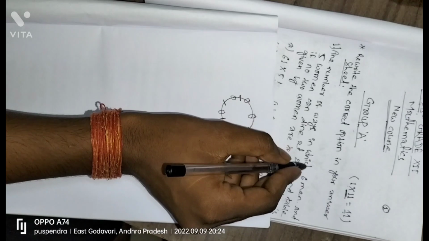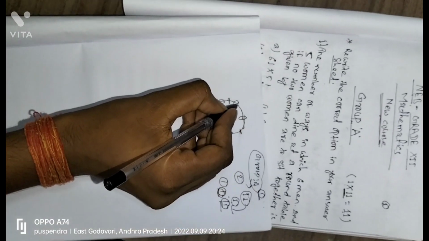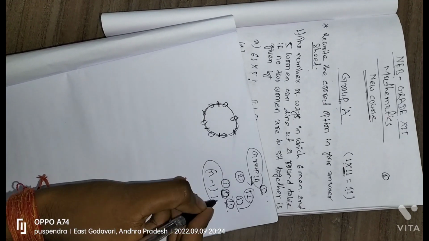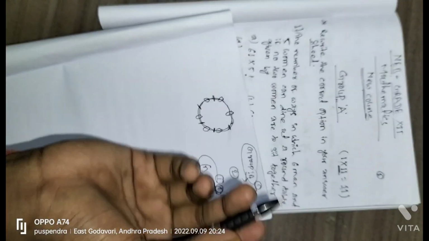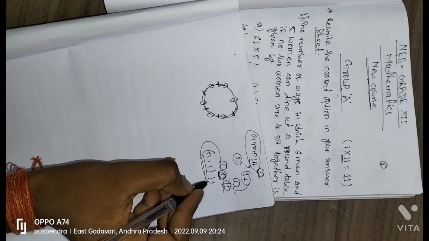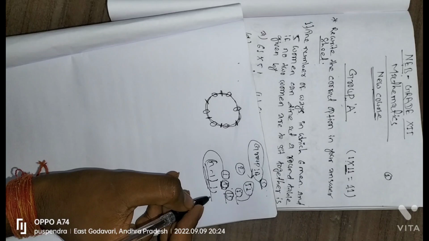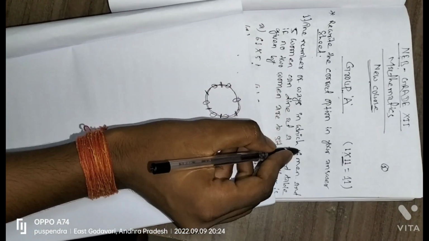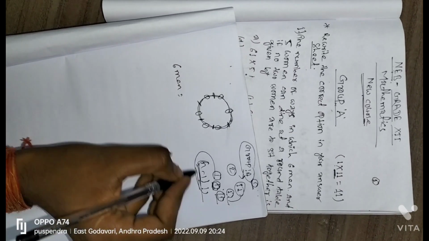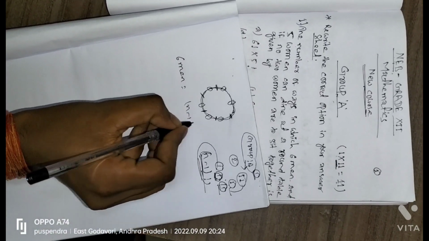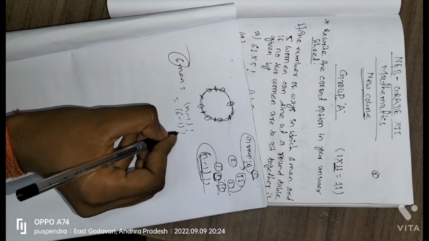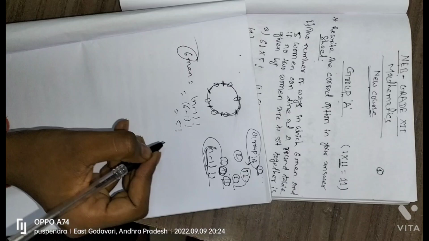So the number of ways, you know that in circular arrangement, whether clockwise or anti-clockwise, you have read (n minus 1) permutation. For 6 men, this is circular, so (n minus 1) permutation. Here n is 6, so 6 minus 1, which is 5 permutation, right?